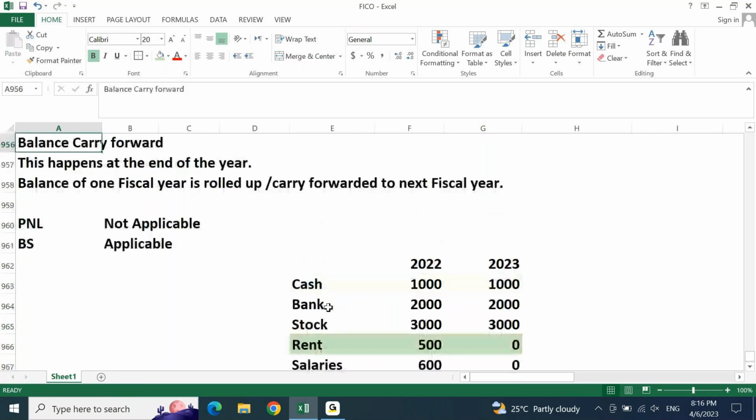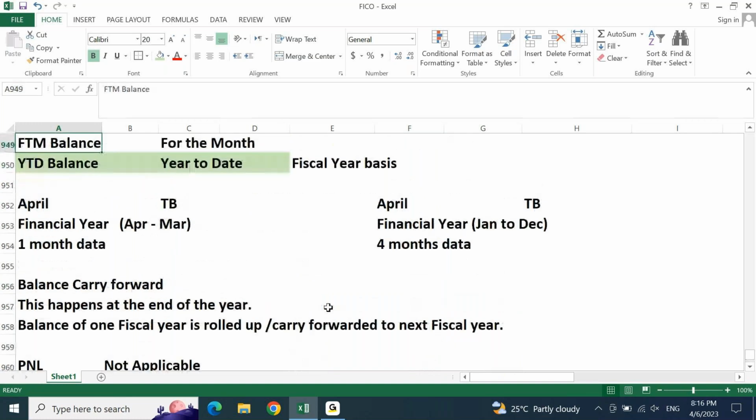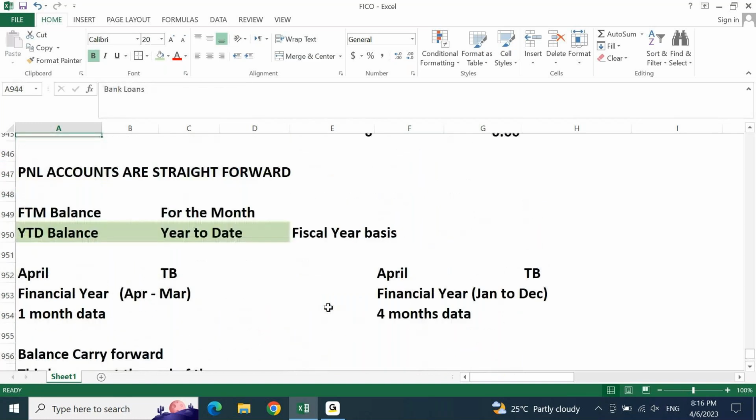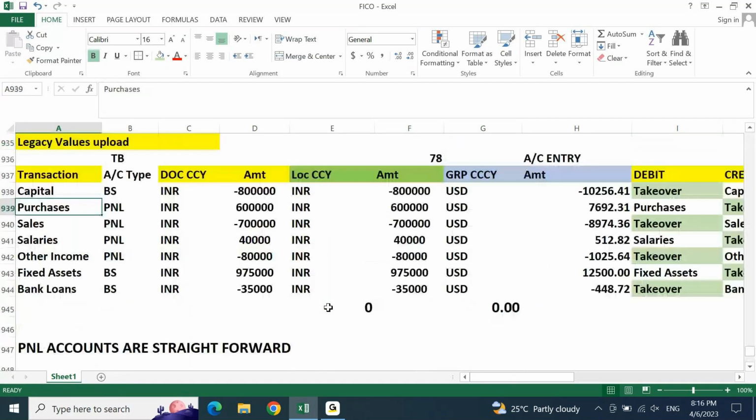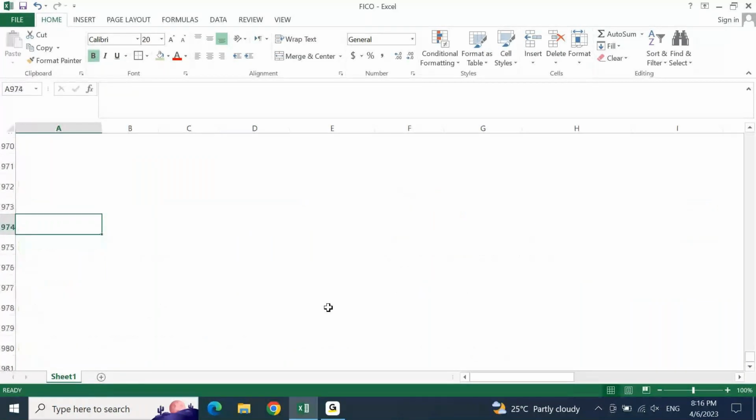Now from your trial balance, you just need to identify what are all the P&L accounts that you have. From this P&L account, you segregate two categories. Your P&L account has two categories. What are those two in P&L? Expenses and incomes.